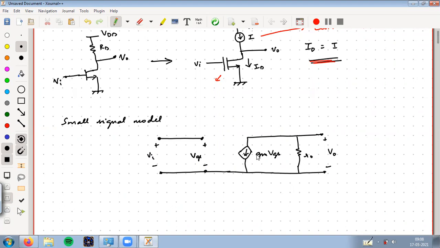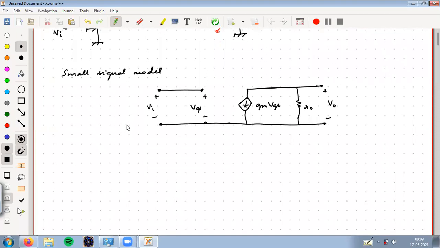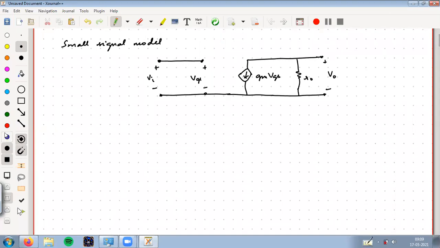Fairly simple, right? Now, some observations. One is the MOSFET is always in saturation. Second point is, how do you expect your MOSFET to be in saturation?